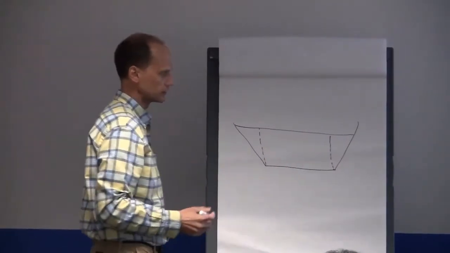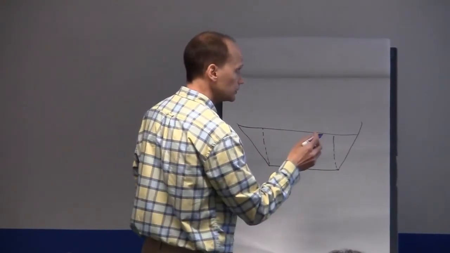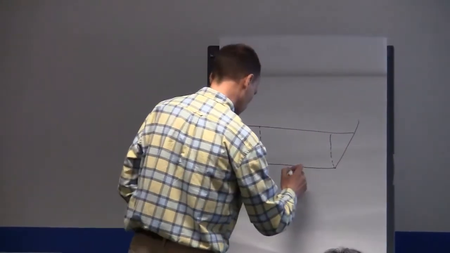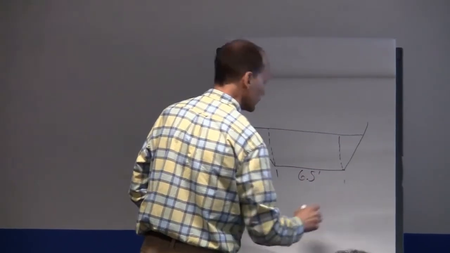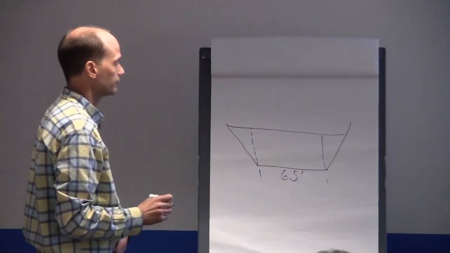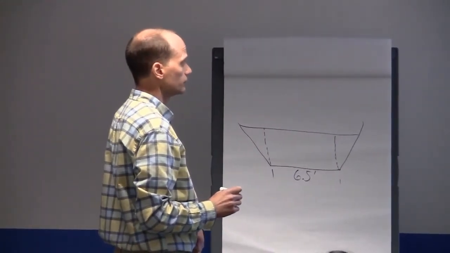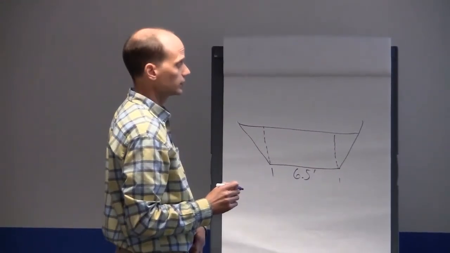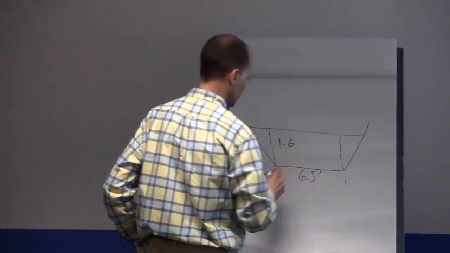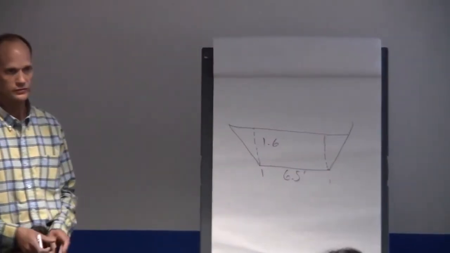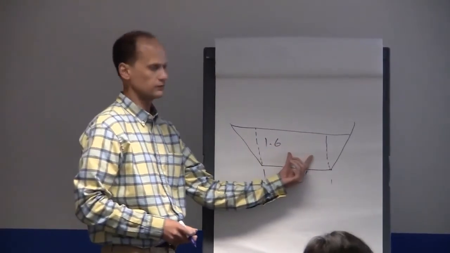Well, the rectangle's easy. This is 6.5. And the flow depth, I think I was given that as, what is it again? 1.6. Yeah, so it's just 1.6 times 6.5, and I have the flow area of the rectangle.